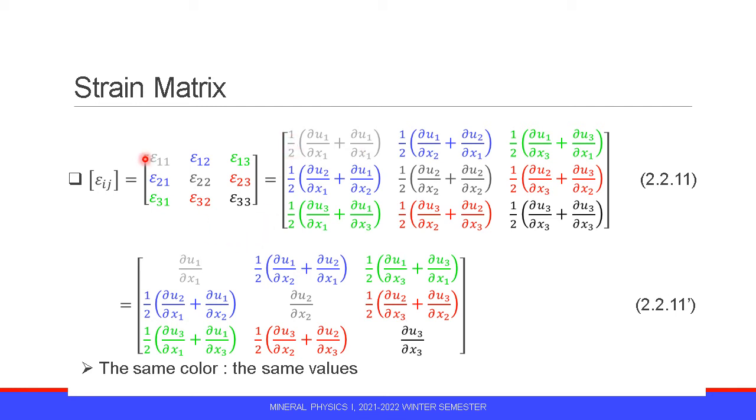Therefore, epsilon 11 is equal to round u1 over round x1. So epsilon 22 is equal to round u2 over round x2, and epsilon 33 is equal to round u3 over round x3. Equation 2.2.11.